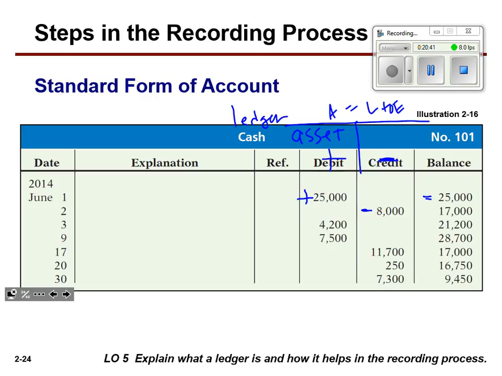So 8,000 minus its current balance is 17,000. We have a couple pluses, and we're updating the balance every time. So 21,200 plus another 75 increases it. Minus, minus, minus to get an equals at the very end. 101 simply gets put back on the general journal.